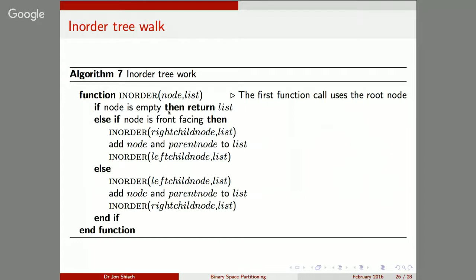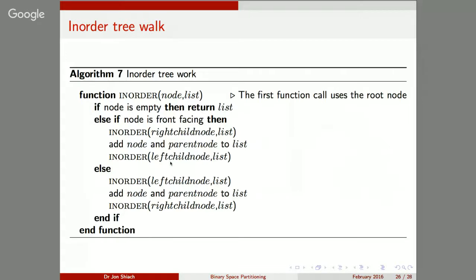If node is empty, then return list. This only ever happens once we've finished all of the BSP tree. Else, check the node. Is node front facing? If it is, restart the function, but with the right child node, i.e. the back. Once you've done all of the back subtree, you add the current node, in other words, its parent node, and then you go down the other one.